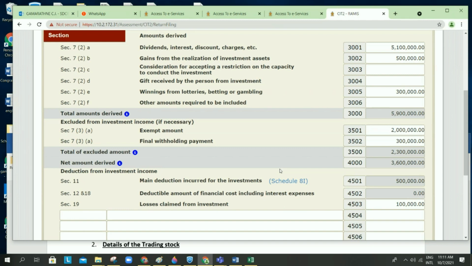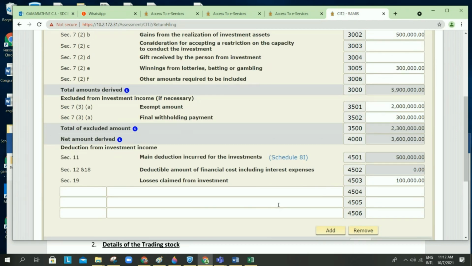Then 2 million exempted, and 300,000 we take as a final withholding payment connected to the winnings from lotteries, under section 88. Only for resident persons is this item, winnings from lotteries, betting and gambling, taken as a final withholding payment, right?